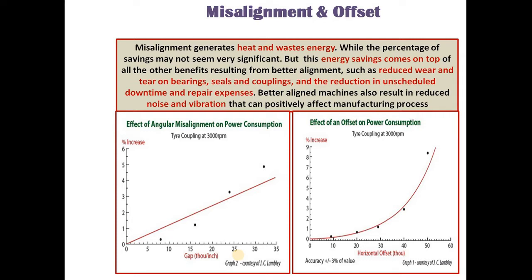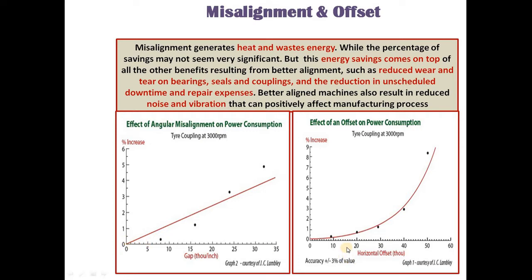Suppose we are doing alignment and allow misalignment 0.075 millimeter for a coupling diameter of 6 inch. That means its value will be 0.5 thou per inch. And if you see 0.5 thou per inch, the power consumption will be negligible.